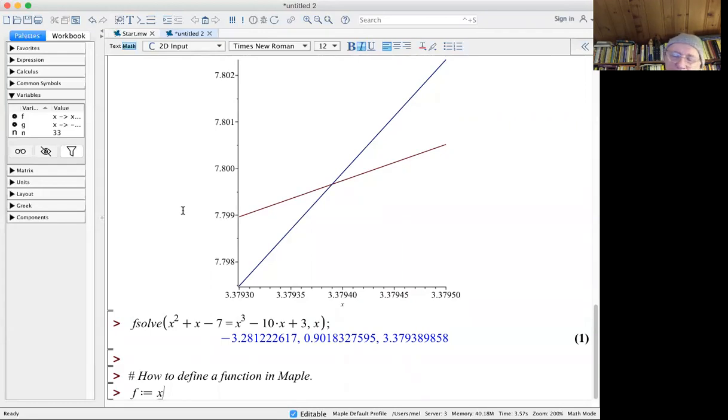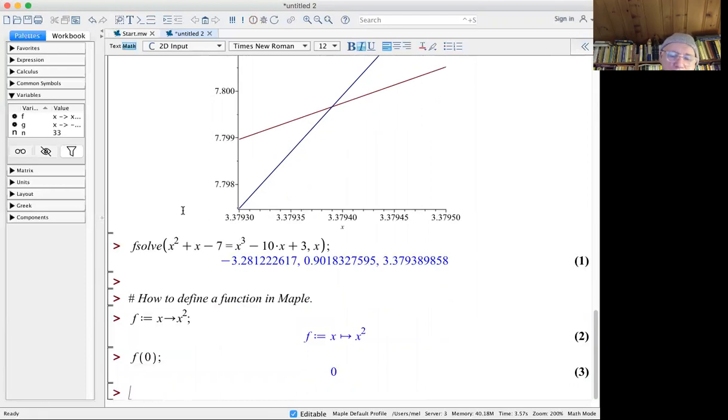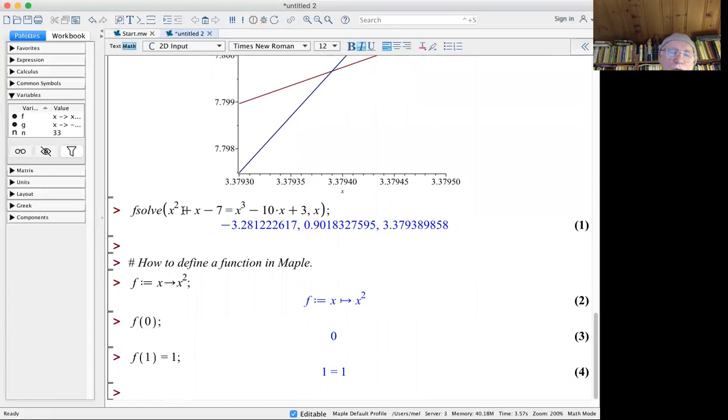You get an arrow by doing a minus sign followed by a greater than sign, x squared. So now we have a function. F of 0 is 0. F of 1 is 1, and so forth.